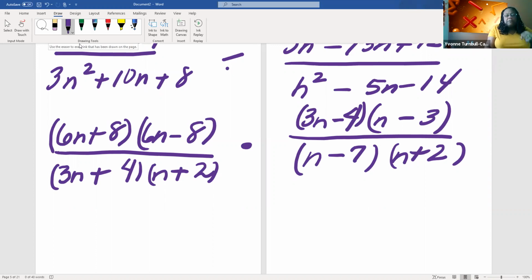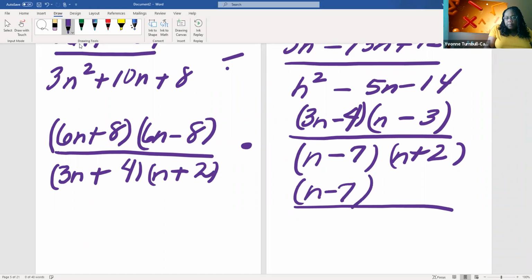All right. Let's go ahead and flip, or reciprocate, over here. So n minus 7 goes up top. N plus 2. In the bottom, we have 3n minus 4. And we have n minus 3.